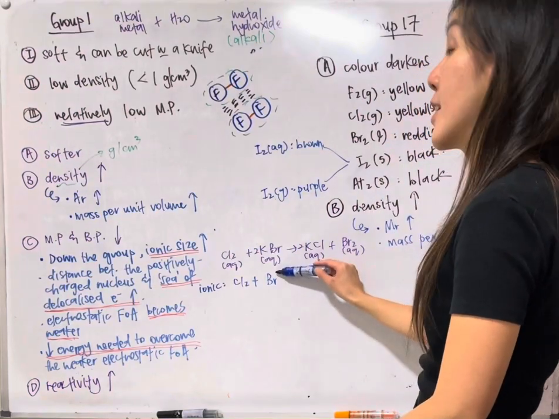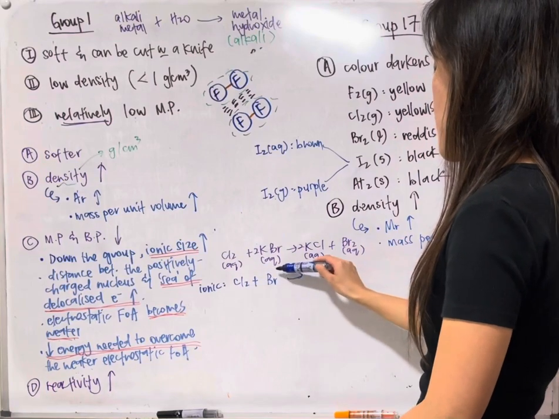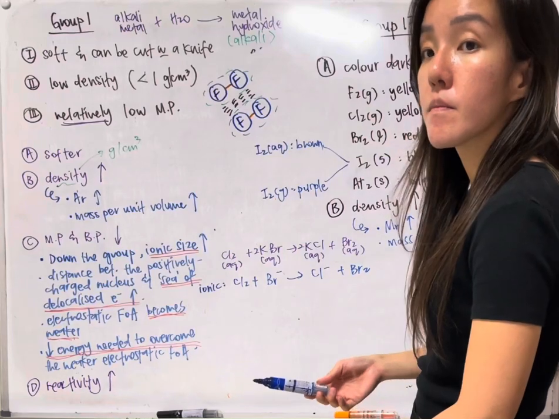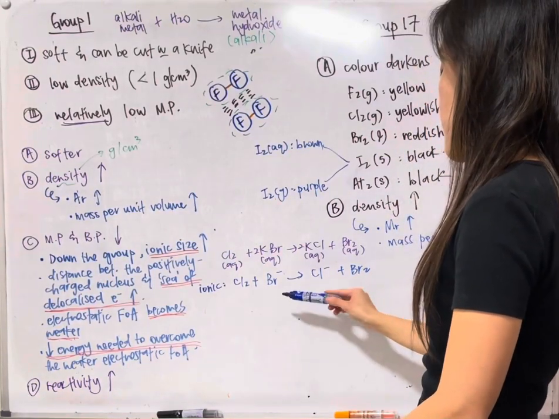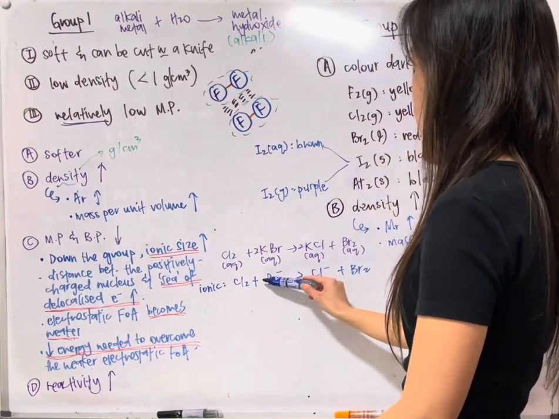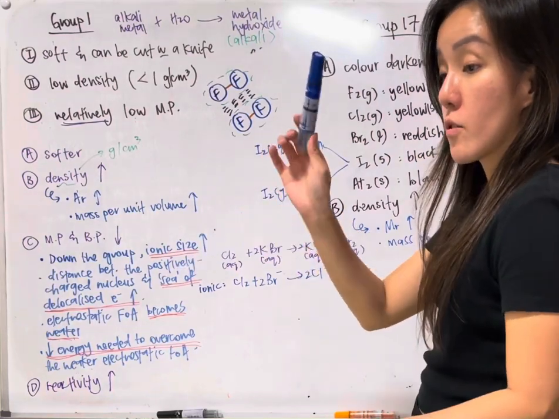Ionic. So is it an ion? Br minus. So Br minus will give you what? Cl minus and Br2. Is this balanced? Then balance for me. Br minus, Br minus, what else? Cl minus. Okay.